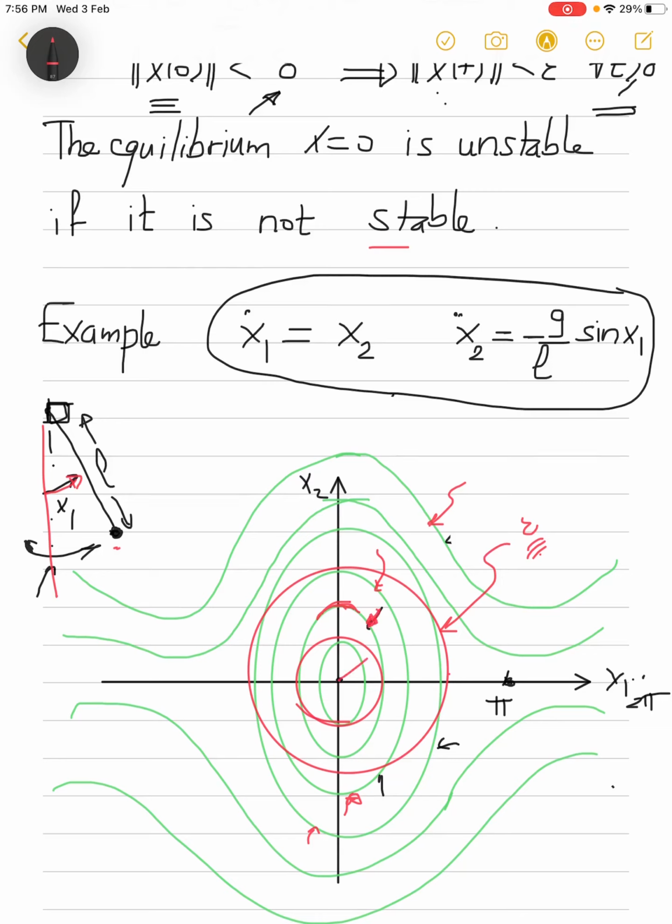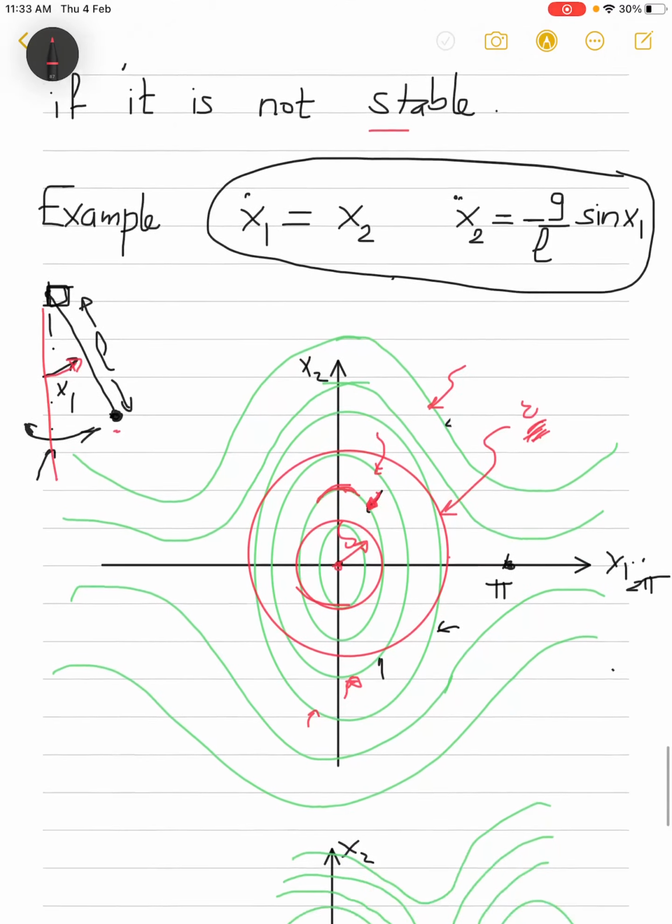So the red circle here corresponds to the region where, if I start with an initial condition in that region, the trajectory will never leave the ball of radius epsilon, and that's how we can prove that the origin in this example is stable.